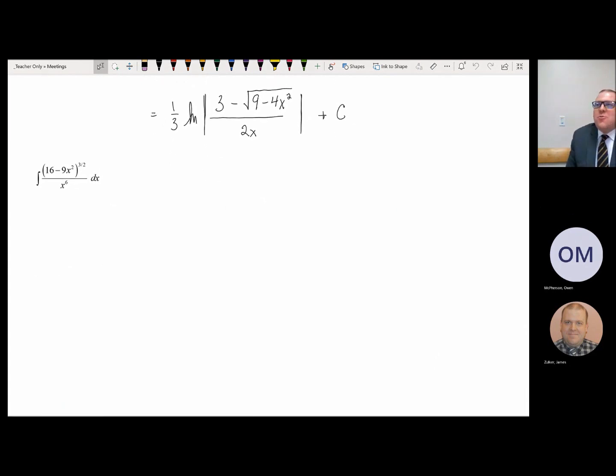(16 minus 9x squared) to the 3/2 over x to the 6th. Kind of resembles the square root of a squared minus x squared.